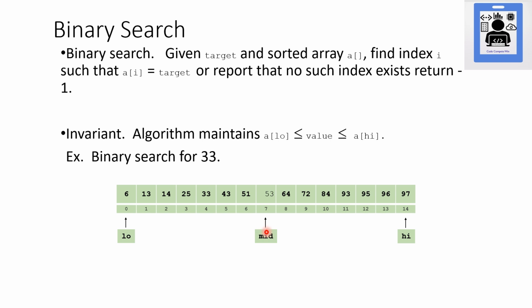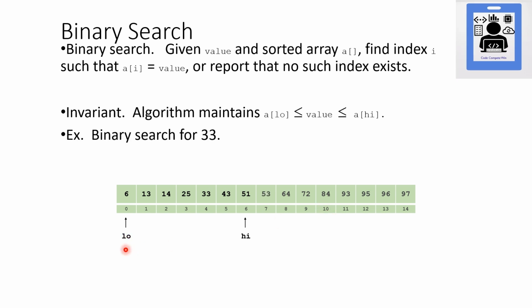As you can see, our mid element is 53, which is greater than our target, so we update our high to mid minus 1. Now low is 0 and high is 6.